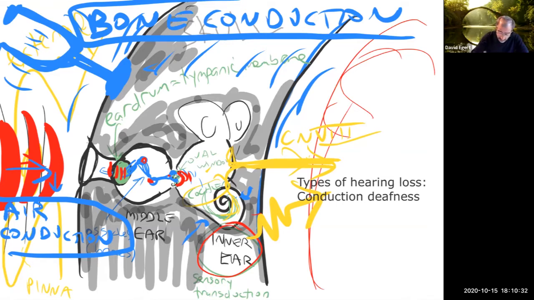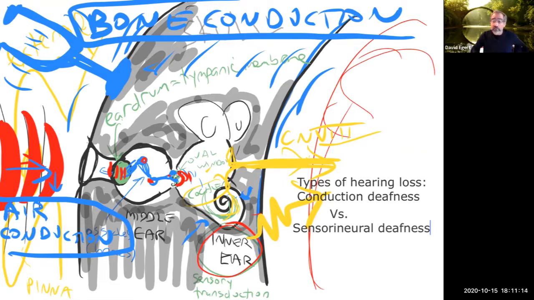The other kind of hearing loss that you can get is if all that stuff is working, but the inner ear doesn't do its job. And that's called sensory neural deafness. So I'm going to say versus, so sensory neural deafness is when the inner ear is not converting the sound into an electrical signal.